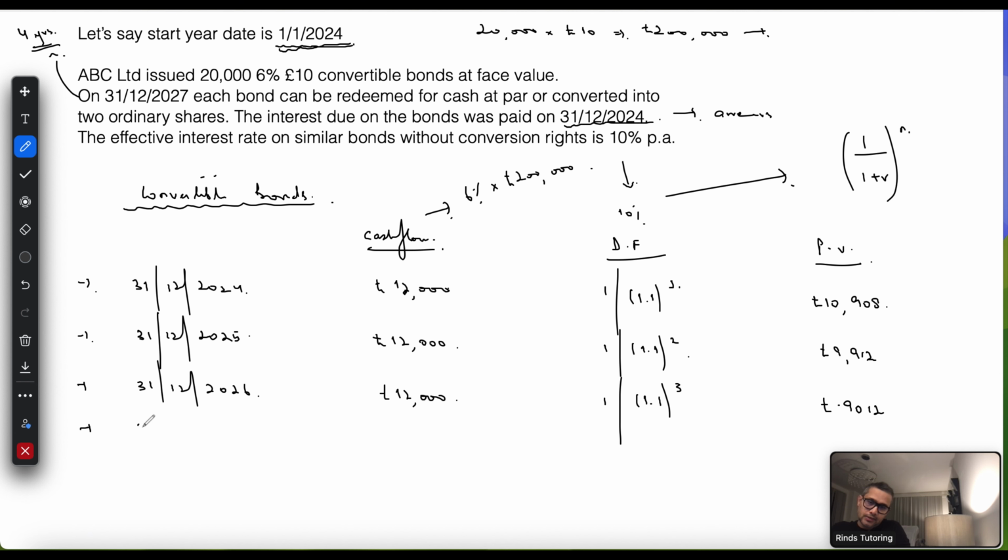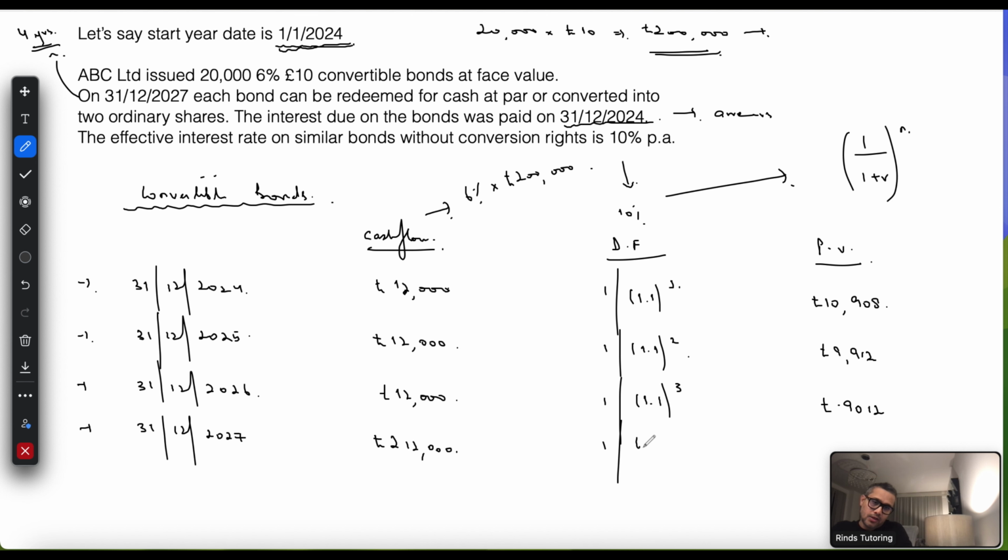In the last year, 31st of the 12th, 2027, you will pay 12,000 and also pay this 200k. So 200k plus 12,000 will give you 212,000.